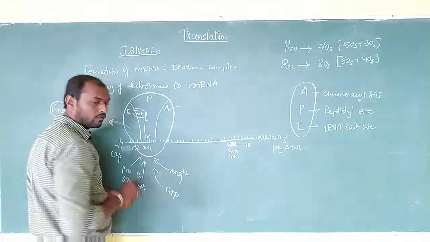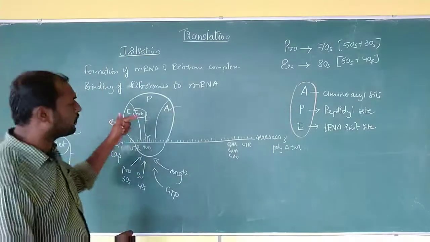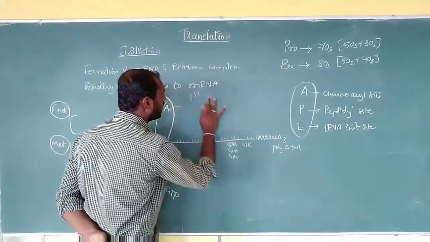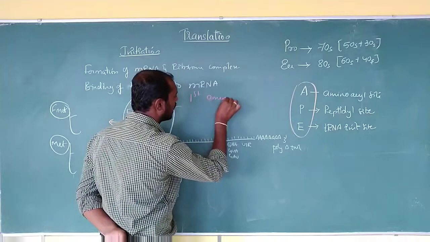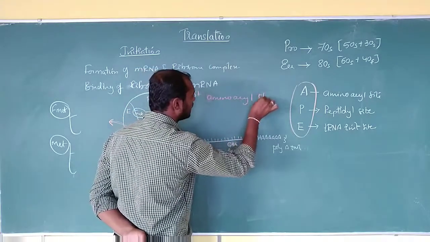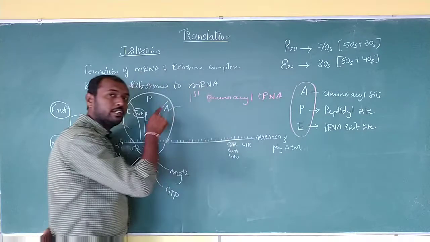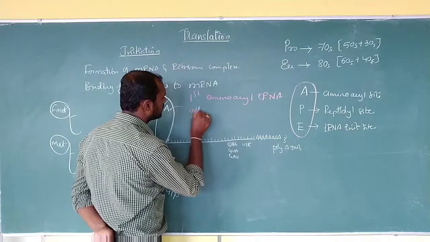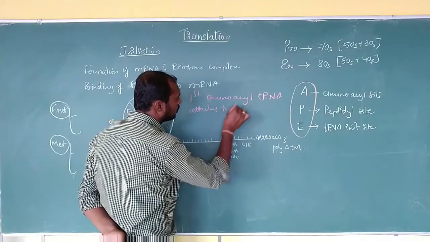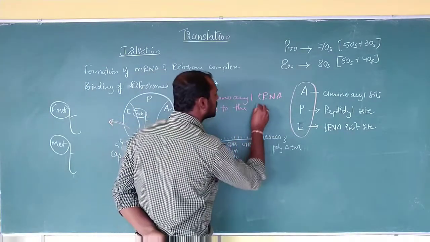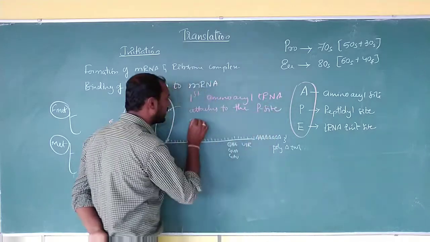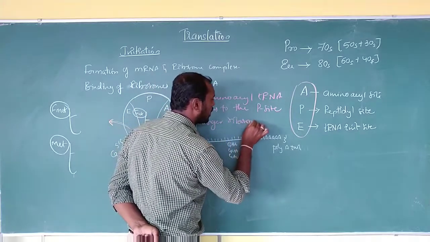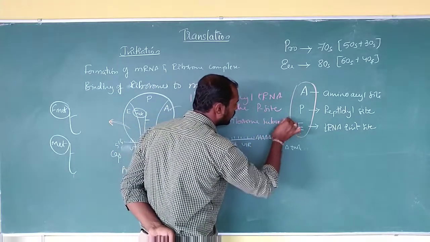So in case of initiation, the first aminoacyl tRNA is going to enter and attach to the P site of the larger ribosome subunit.